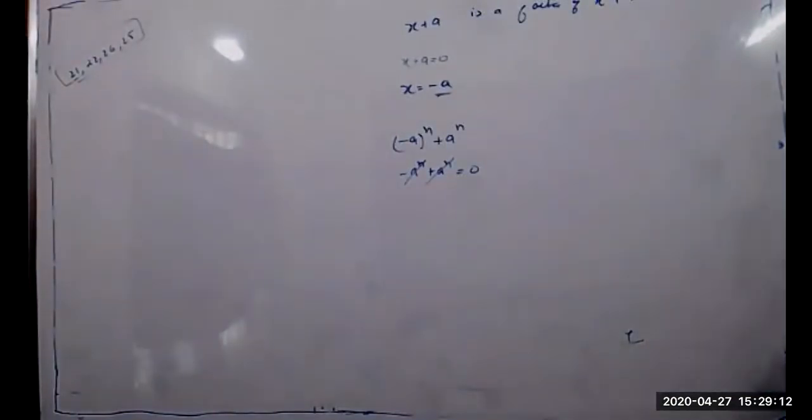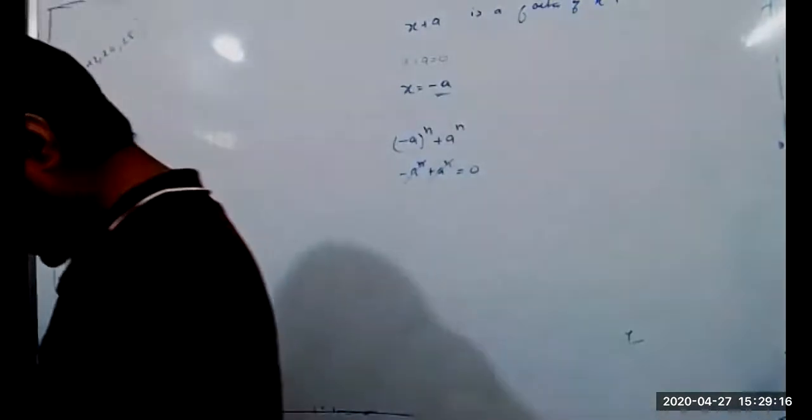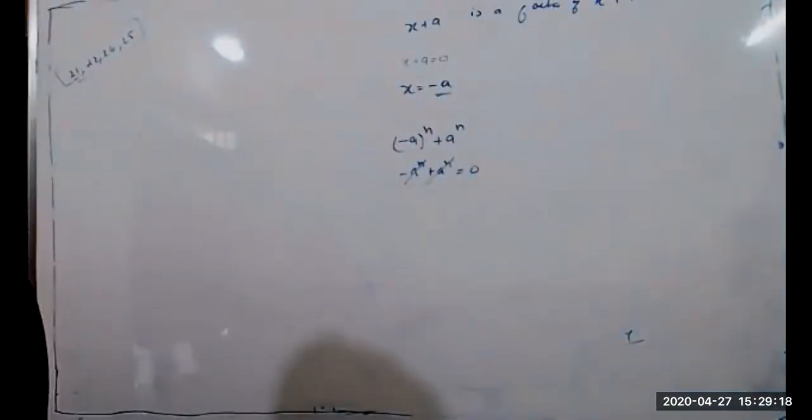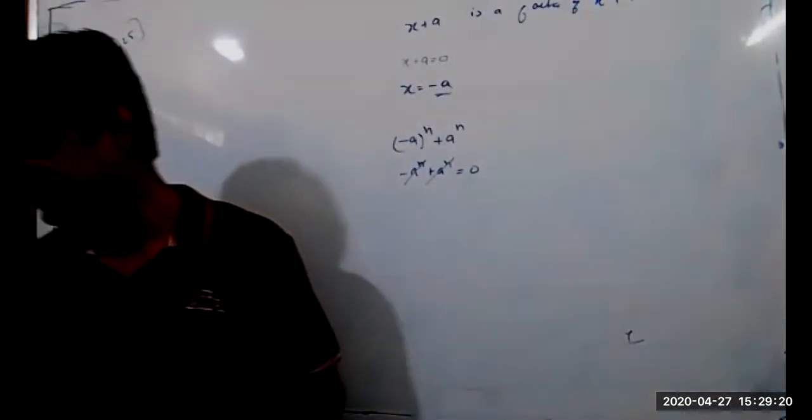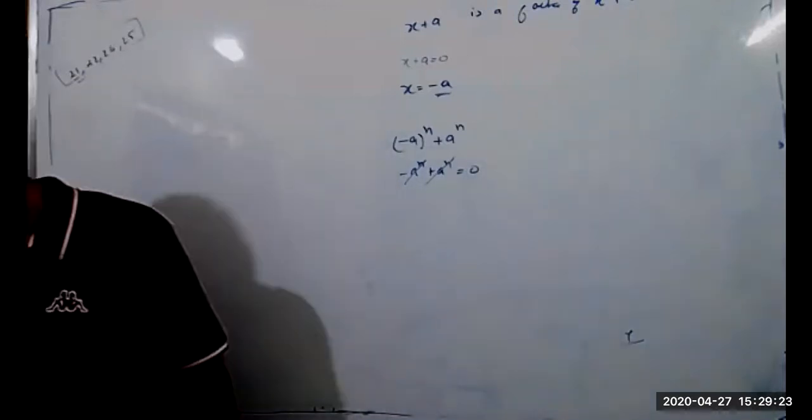Now Aditya, come online. Why have they written n is any odd positive integer? What does this mean? If n is an odd natural number, then p of minus a is 0.